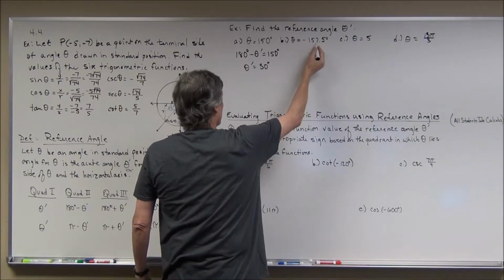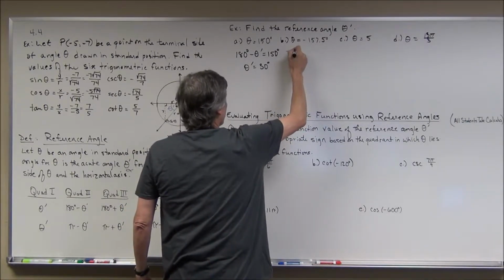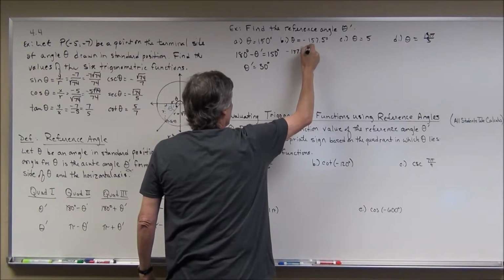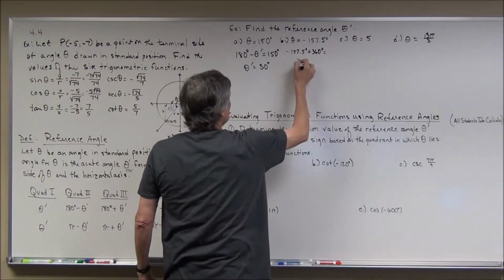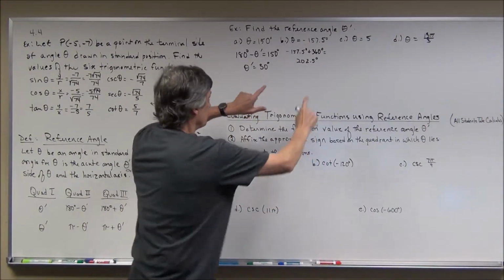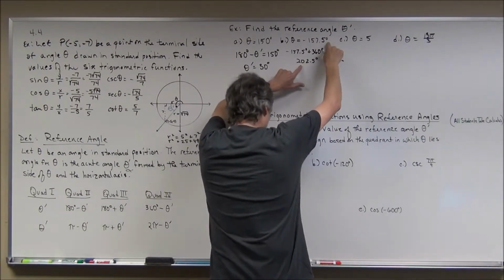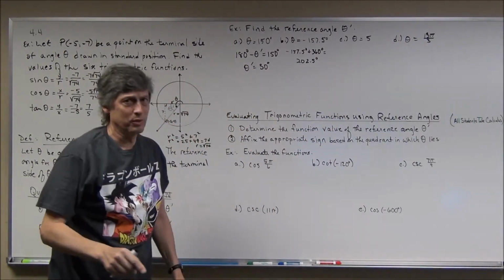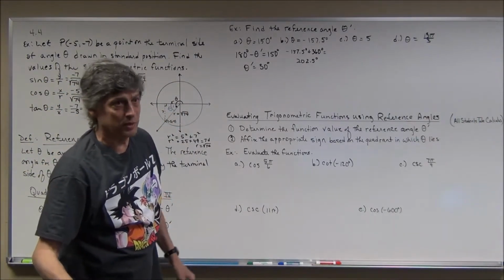So I'm going to add a multiple of 360 on here. I only have to add 360 one time. So negative 157.5 degrees plus 360 degrees would be 202.5 degrees. Now these are 2 different angles, but they are coterminal angles, and because they are coterminal, they have the same terminal side, they're going to have the same reference angle because it's all based on the terminal side.